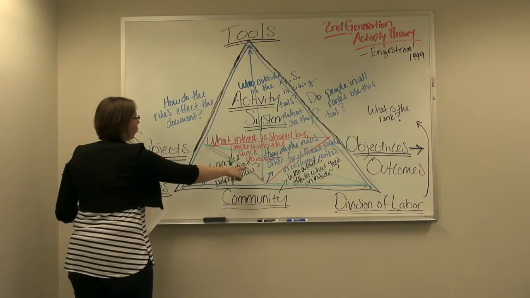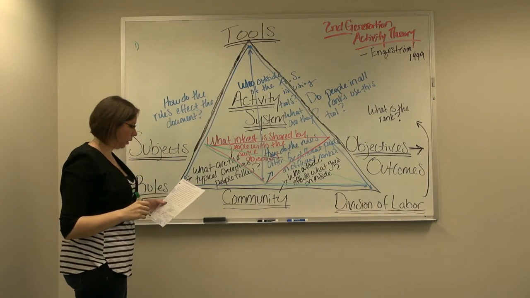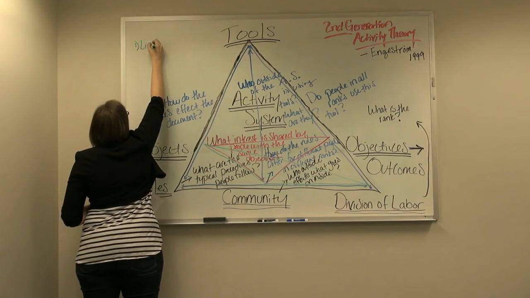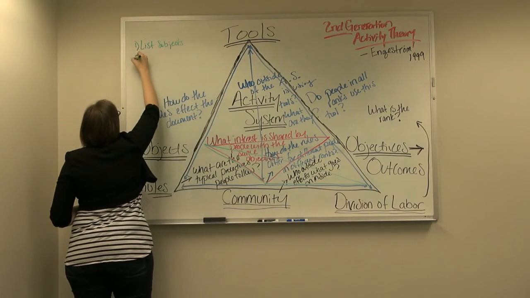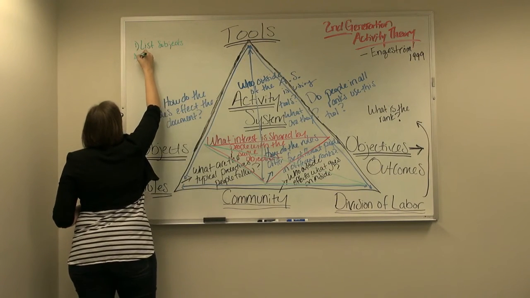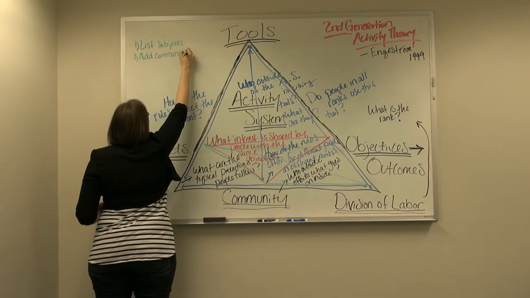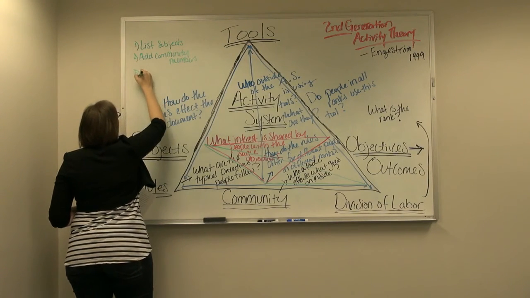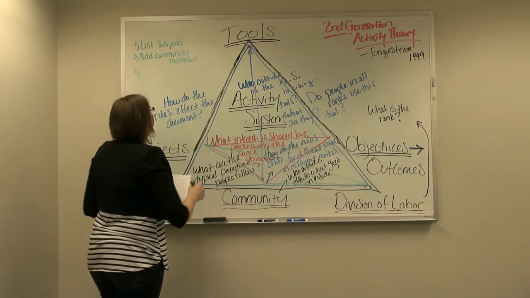Okay, so for this green part here, we're going to do three things. You're going to list the subjects, first of all. You're going to add the community members. And then you're going to rank them by hierarchy.